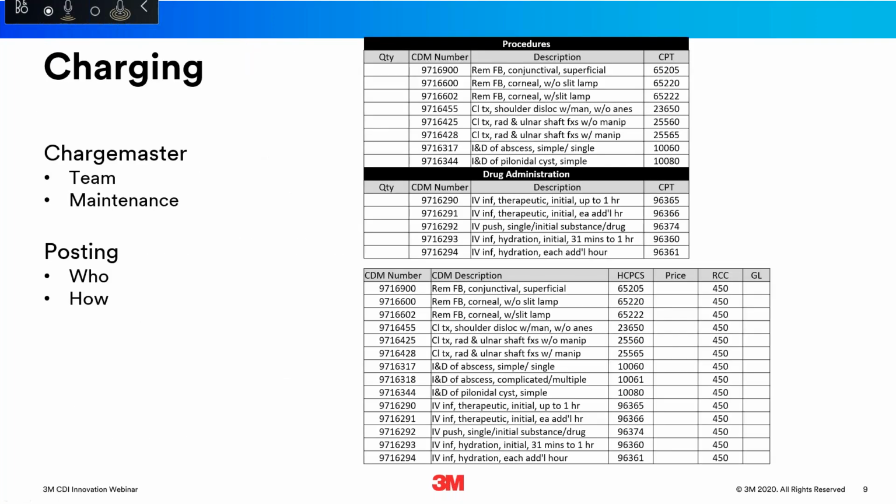Moving on to charging. Again, I'm not going to get into the charge master too much. There's a team that is responsible for maintaining the charge master.